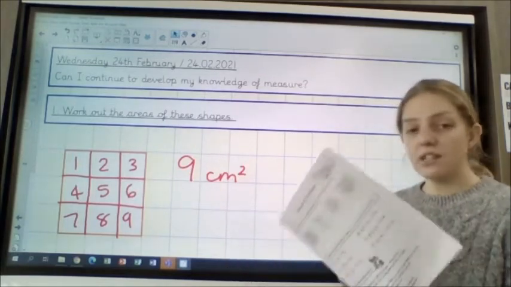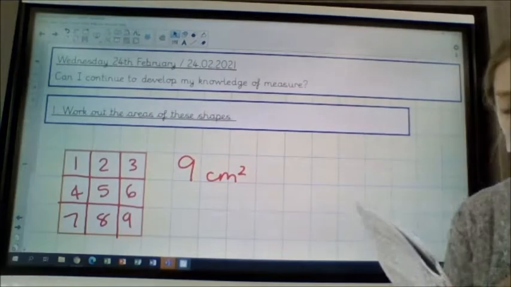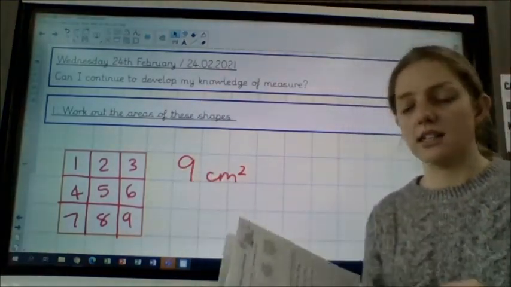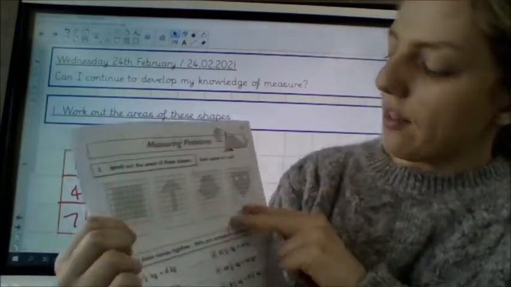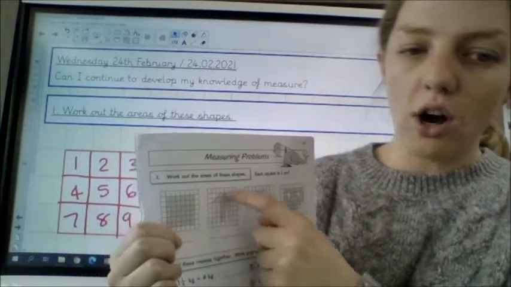I want you to give this a really good go. If you need to, write down how many squares there are, or draw a mark or a dot on so you can see how many squares are inside each shape. Now, for some of them we have slants. That would be a half.